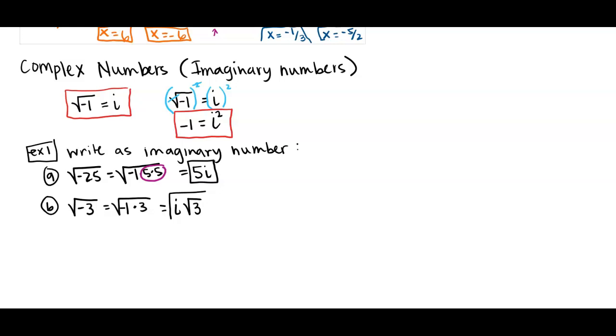So we write it as i times the square root of 3. Sometimes, and I don't like it really written this way, you'll see people write it as square root of 3 i, but sometimes it's hard to tell, are they saying that i is underneath the square root or not? So I like it better this first way, so it's more clear what you're talking about there.